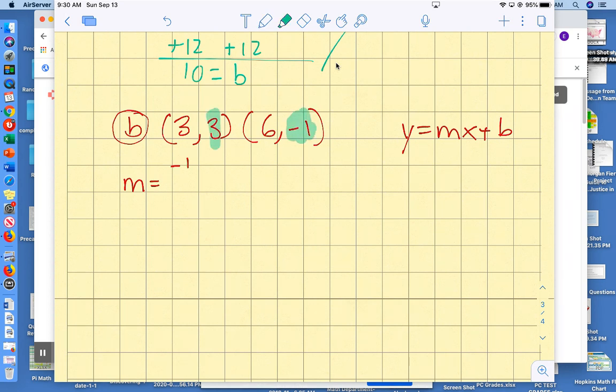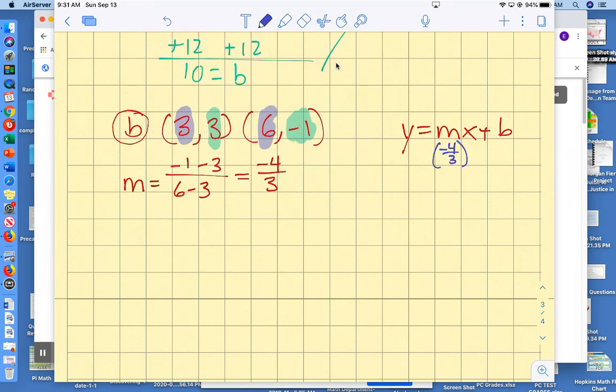So we take our y's, -1 minus 3 over, we take our x's, 6 minus 3. -1 minus 3 is -4. 6 minus 3 is 3. So this is -4/3.